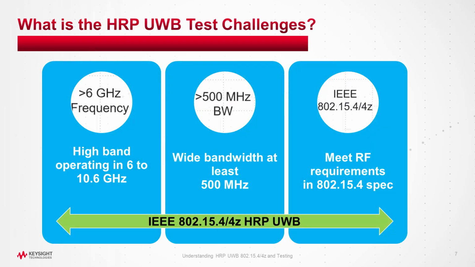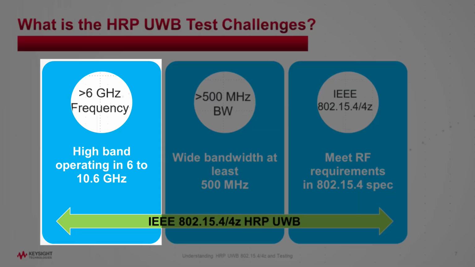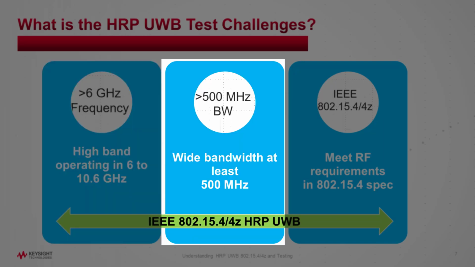What are the HRP UWB test challenges? First, as the standard defines, it can reach the high band at 6 GHz to 10 GHz frequency, and this is the mainstream of the chipsets on the market. It also requires wide bandwidth, as the minimum bandwidth requirement is around 500 MHz.